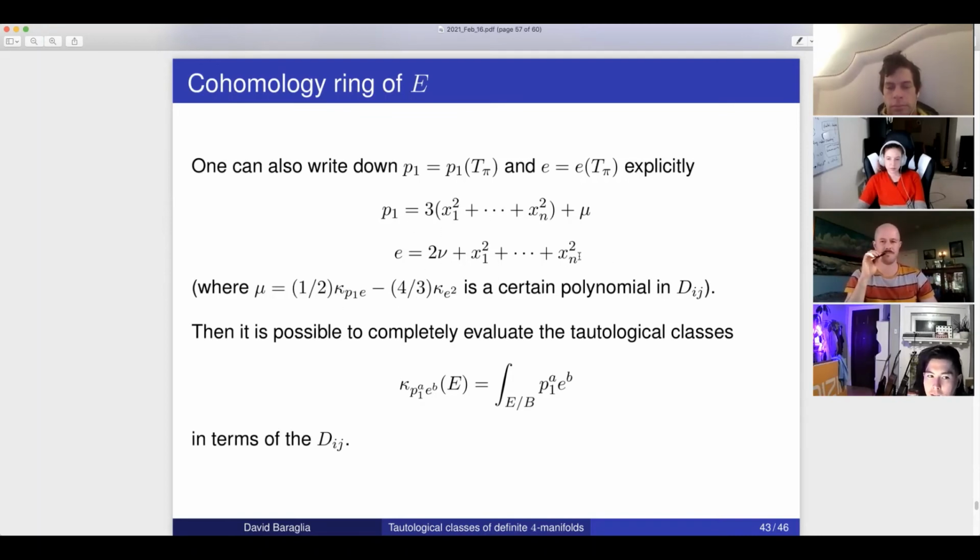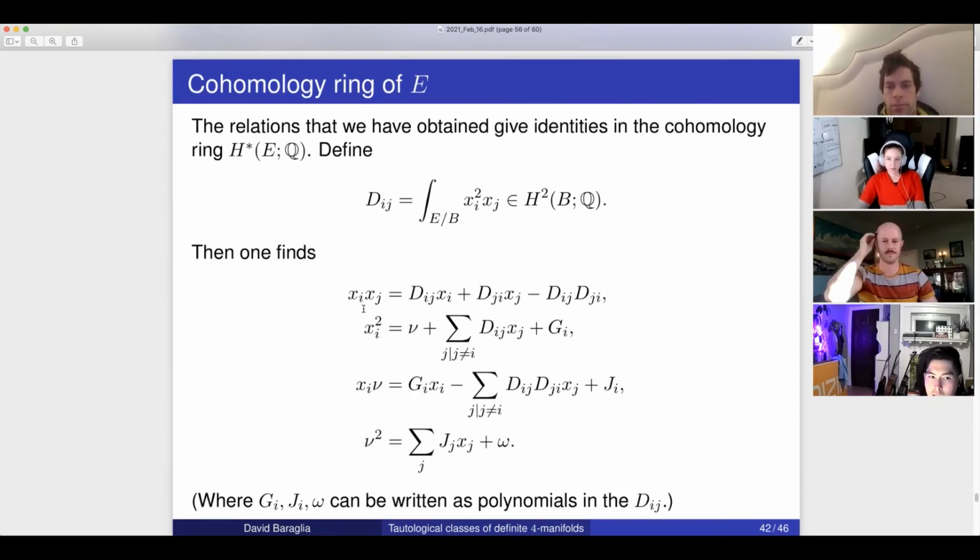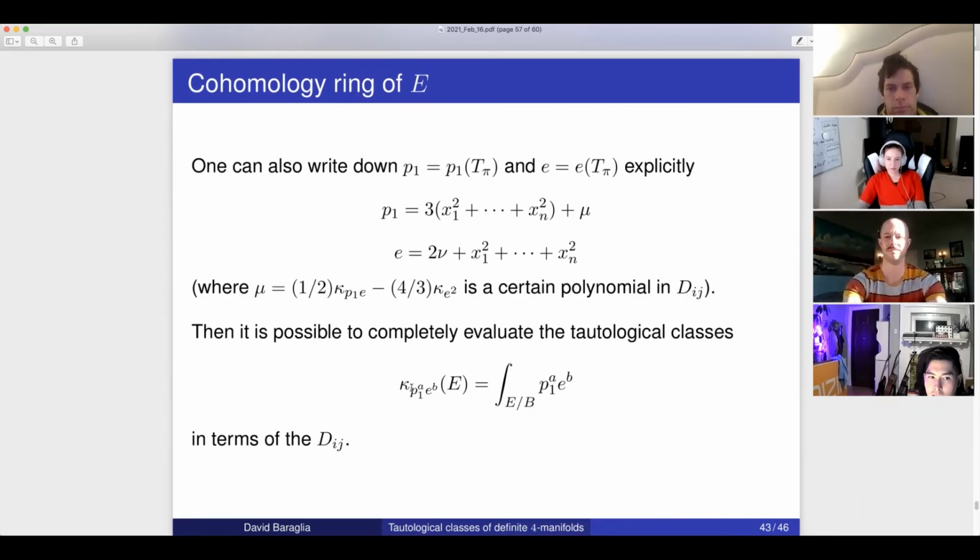And likewise, there's a formula for e. If you use these formulas and the structure of the cohomology ring, then you can evaluate all of these integrals. As you can imagine, there's a whole lot of algebra that goes into this evaluation, but in the end, you can do it.